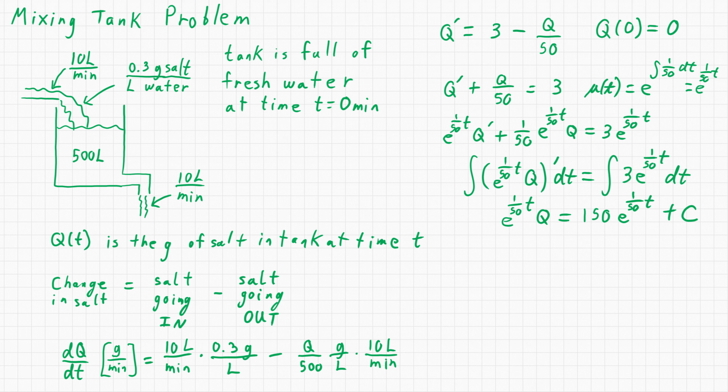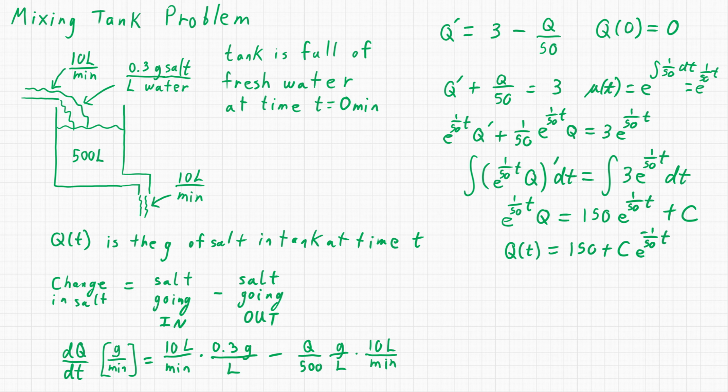Multiply everything by e to the negative 1 over 50 t, so we get q of t equals 150 plus c e to the negative 1 over 50 t. All right, so that's the solution to the differential equation.